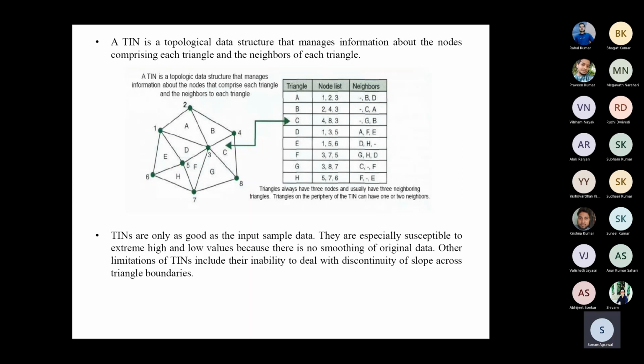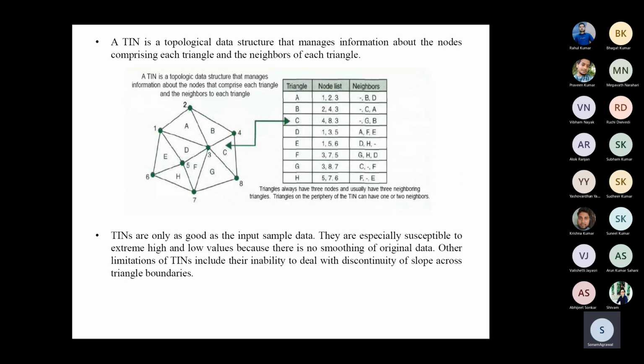So that is why we say that TIN is also a topological data model. And if you try to see the value inside this one, what will be the value? The average of the 3 points will be taken and the whole triangle will have the same value. In the previous lecture, you learnt about the Thiessen polygon. In the Thiessen polygon, the polygon has the same value as the sample point falling inside it.